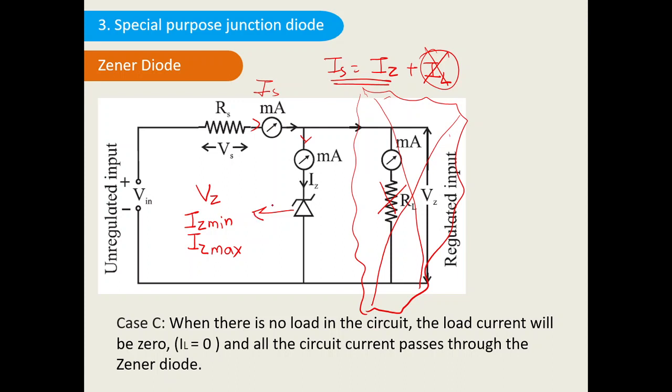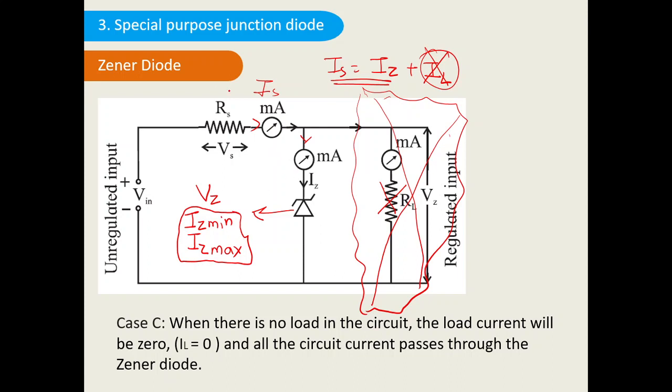In order to operate the Zener diode as a regulated voltage, we should consider the current rating between the minimum and maximum Iz value. Whenever the current through the Zener diode is more than Iz maximum, that will damage the Zener diode.